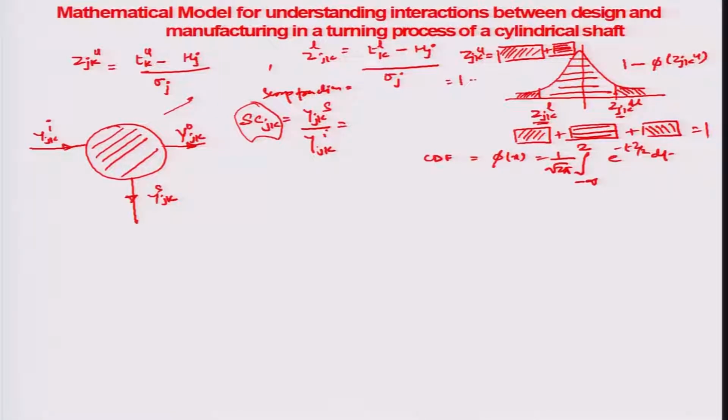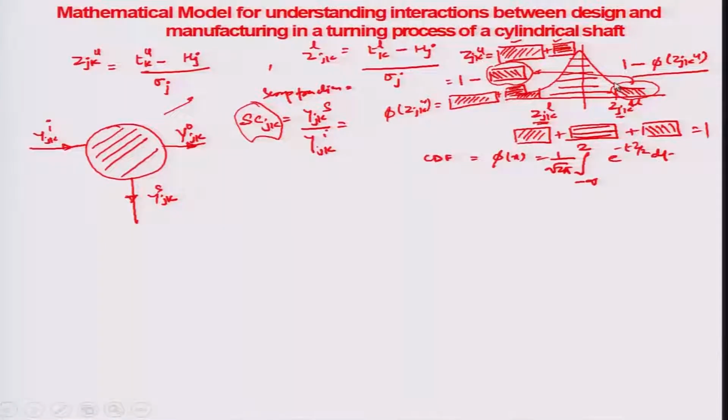So, this would further be 1 minus the area shaded here, which is exactly what I am talking about here, 1 minus phi of Z_jku, which would be the summation of these, 1 plus 2. So, phi of Z_jku can be represented as the area here plus the area here, and we are talking about 1 minus that, which is this area.